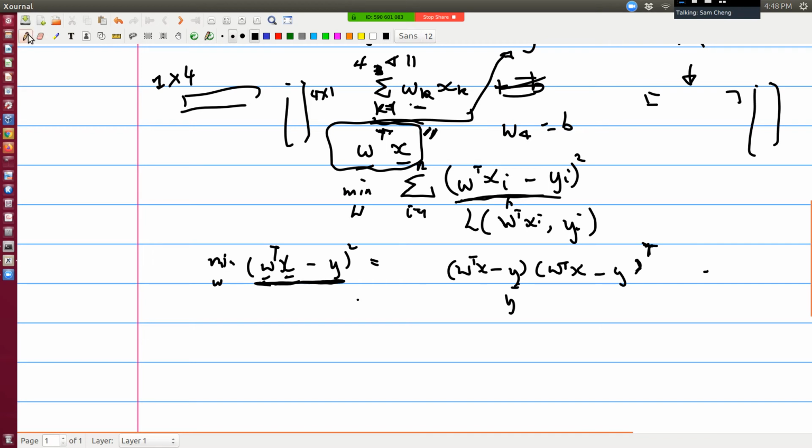Why am I doing this? Because I want to get something like W transpose x multiplied by something W. Here, this term multiplied by this term gives W transpose x transpose W. I can think of this as just some matrix, and taking W transpose with respect to W is a form more people are used to.